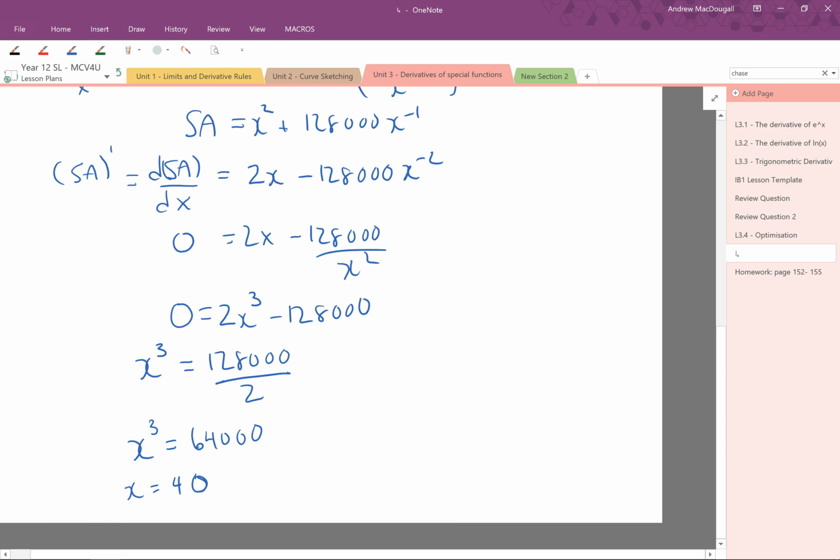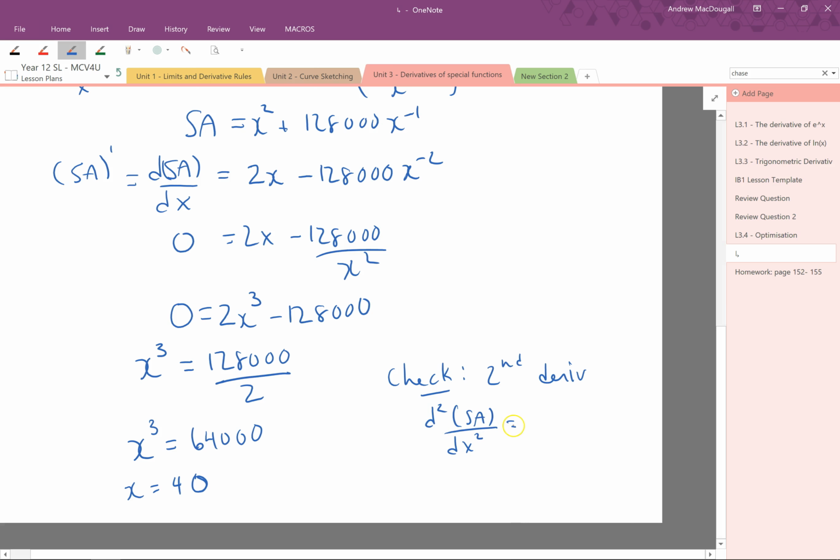Now, how do we know this is actually a max or a min? Well, I'm going to check using the second derivative test, where I can just plug in a stationary point, a point where the derivative is 0, into the second derivative, and hopefully the sign of the second derivative tells me it's a max or a min. So the second derivative, now this notation is weird.